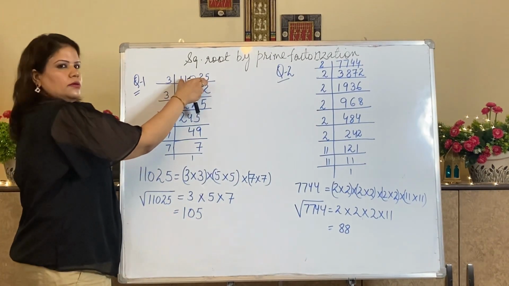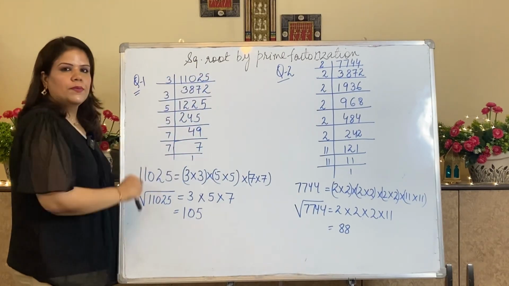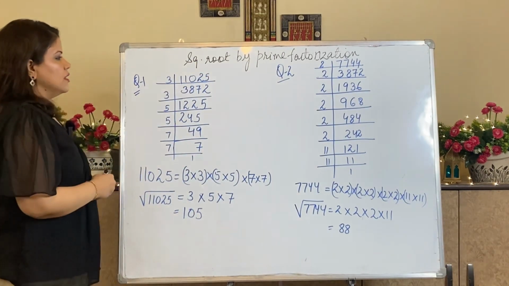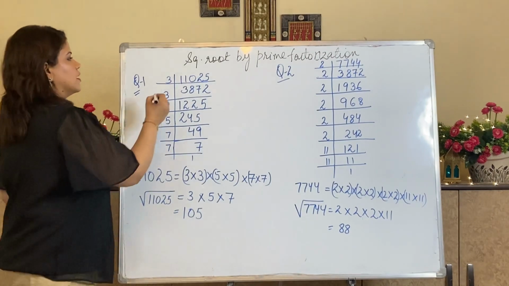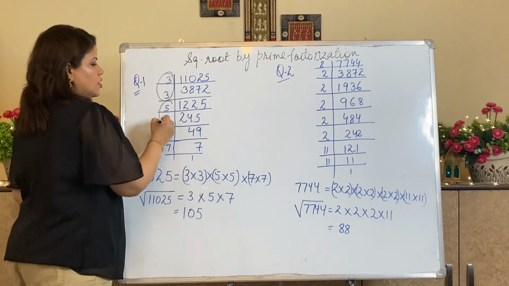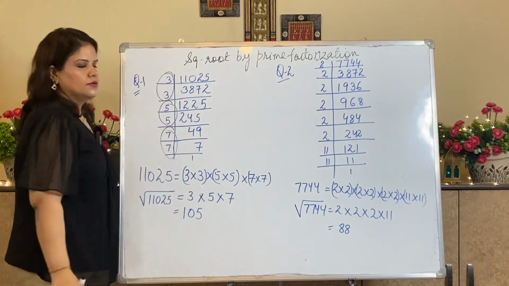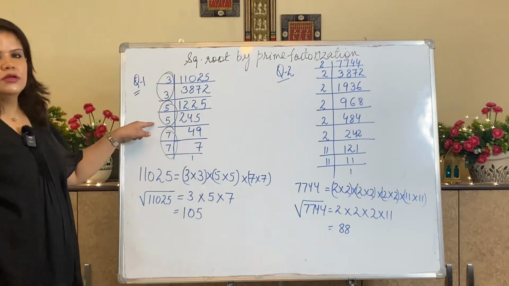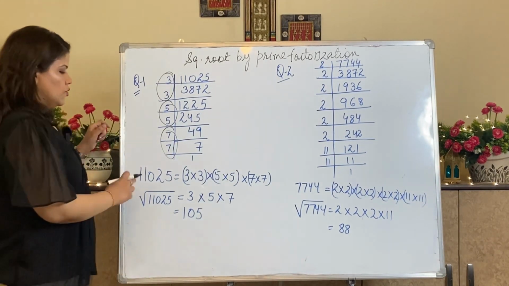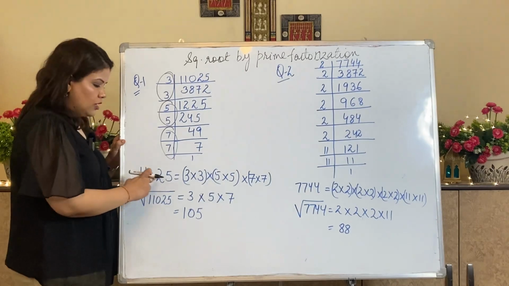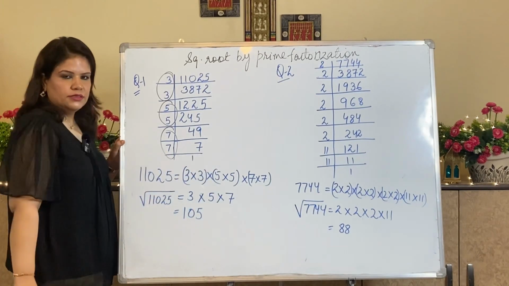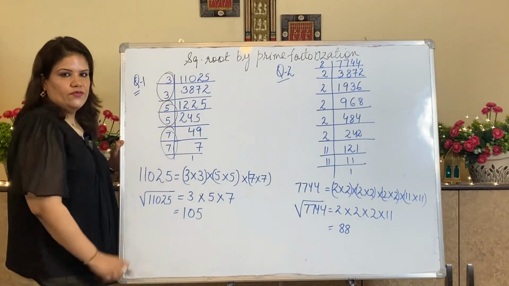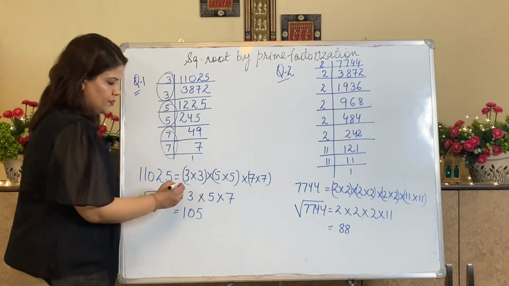Obtain the given number, do the prime factorization. In this prime factorization, luckily we have got the same numbers repeating. So we can write the factors of 11025 as a product.